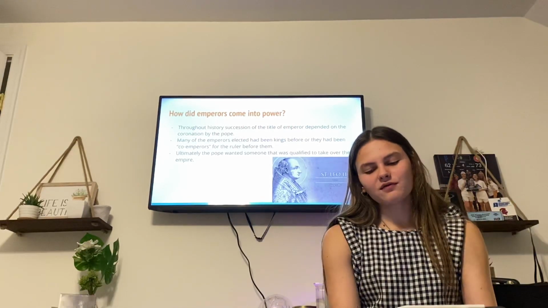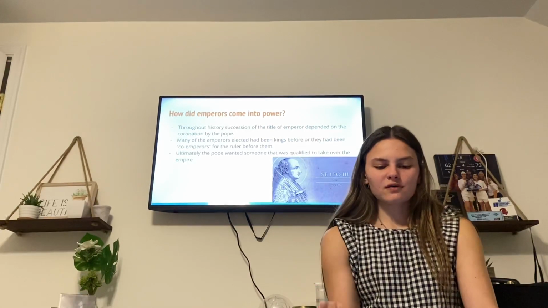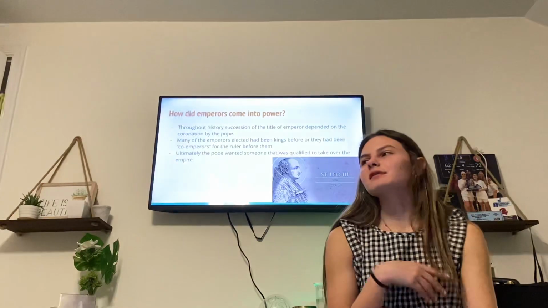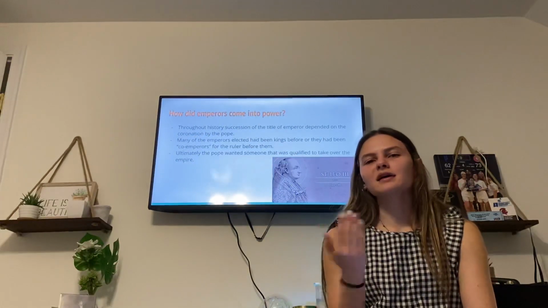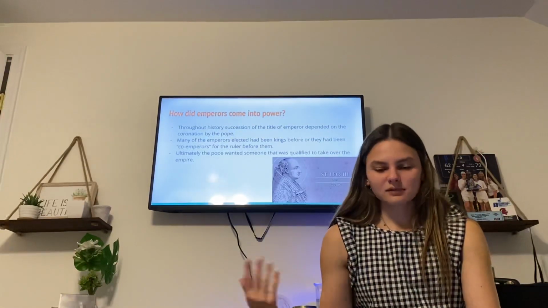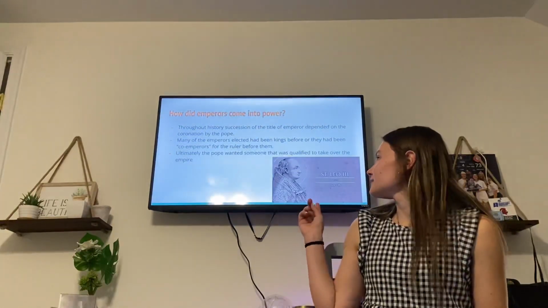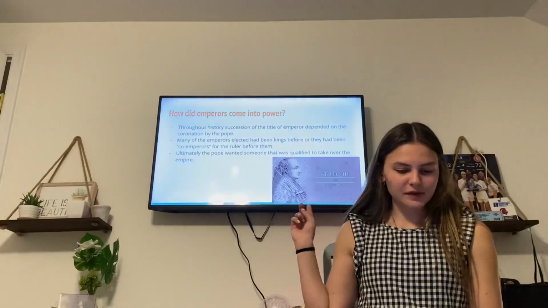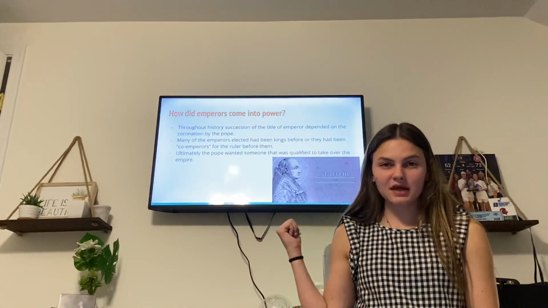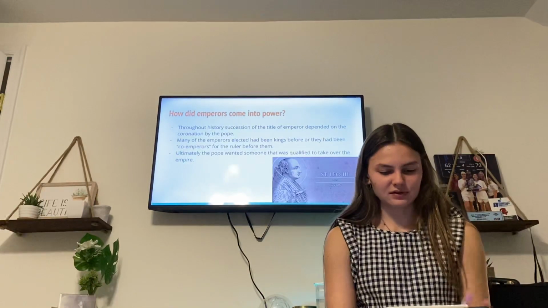So when looking for a new emperor, they mostly looked for former kings or co-emperors, as the emperors before them had advisors or people who would help them govern this whole land. And as you can see here, that is Pope Leo III, who made Charlemagne the first emperor. So he's kind of a big deal.